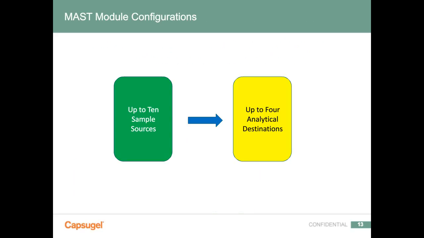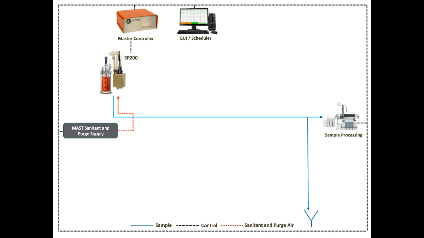So let's talk now about how the MAST modules are configured. The M in MAST stands for modular. It can take up to 10 sample sources and send those to up to 4 analytical destinations. This first is the basic type of MAST system you can have. You have a computer interface, a GUI that has your scheduler, and we don't monitor the system.